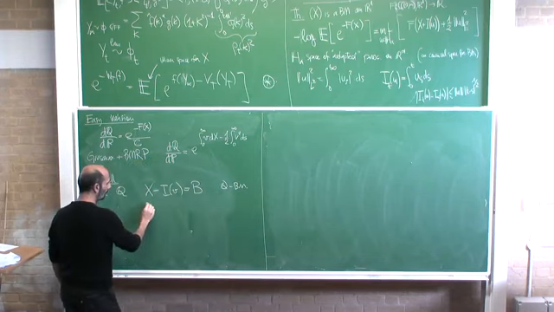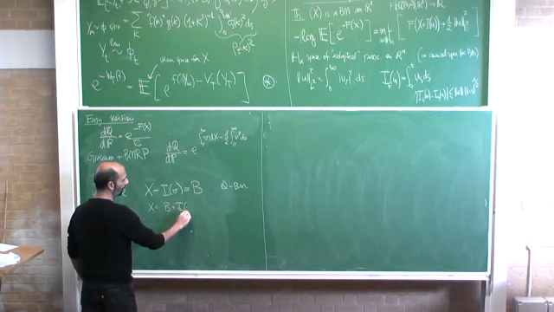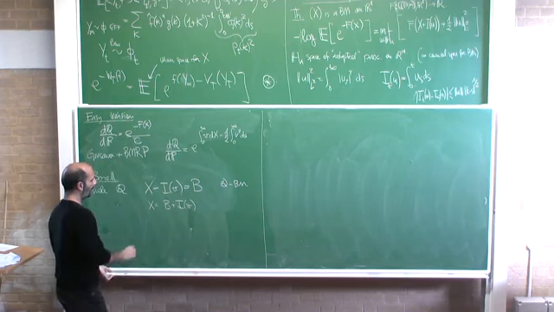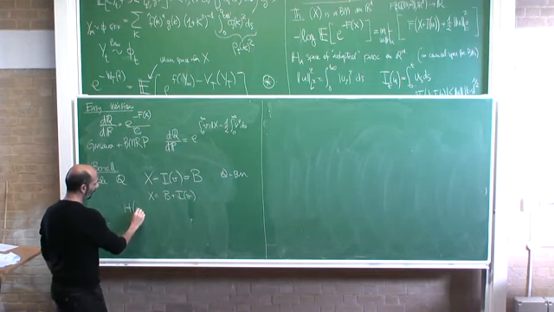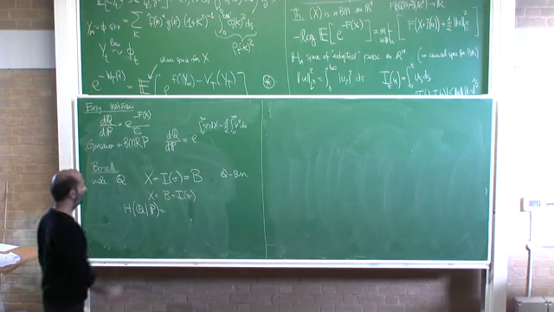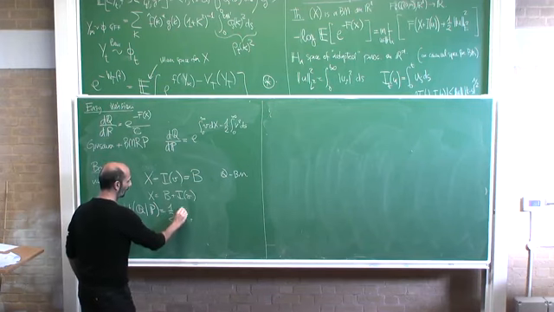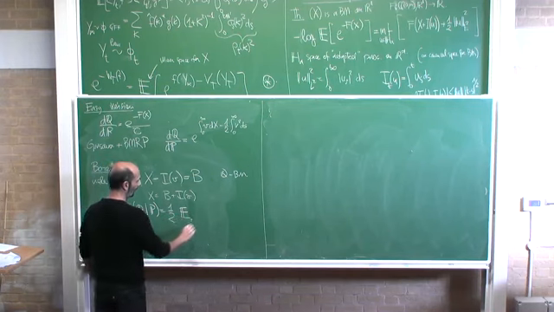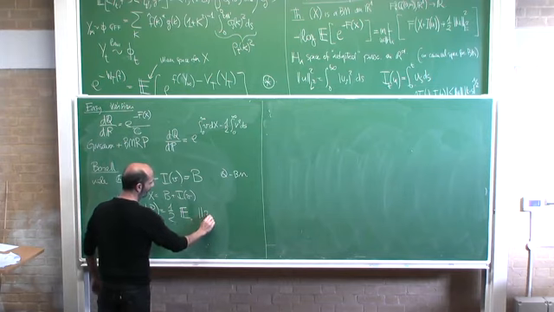So the similar formula would be that x can be replaced by a Brownian motion plus the drift. And then you have another formula: the entropy of Q with respect to P is 1/2 the expectation of this V squared.